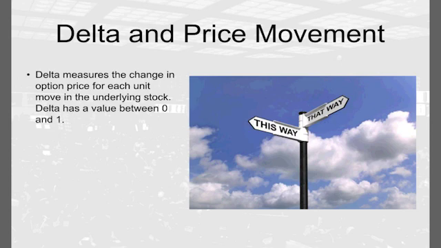Delta is essentially the rate of change in theoretical value of an option for every $1 change in the underlying asset. It's also a hedge ratio. The delta of an option changes as the value of the underlying asset changes.